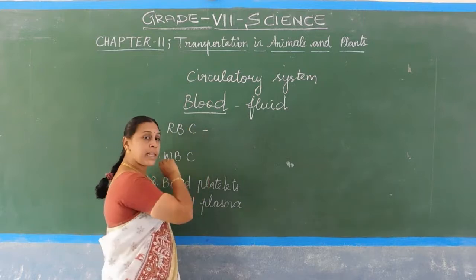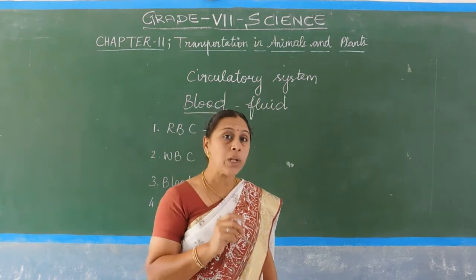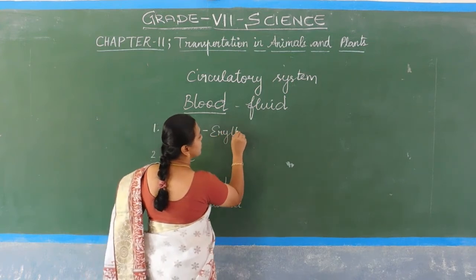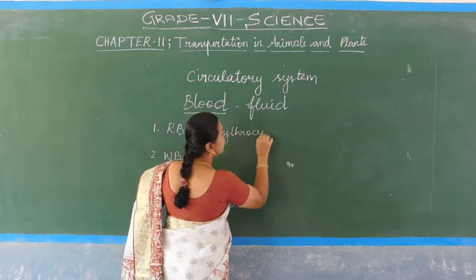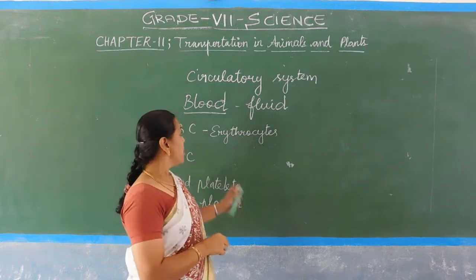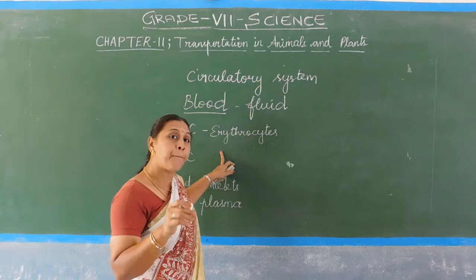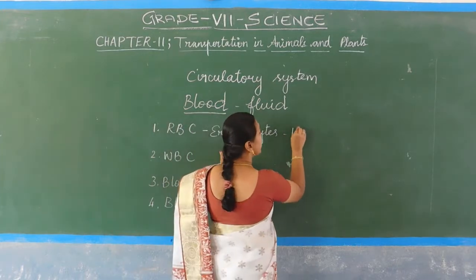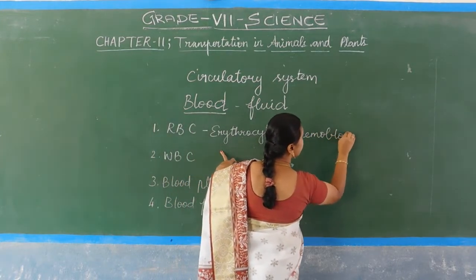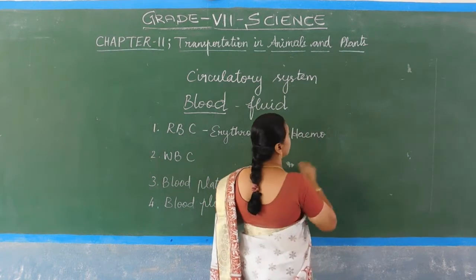RBC is nothing but the red blood cells. It is also called erythrocytes. What are they? Erythrocytes. And these contain a red color pigment called hemoglobin.